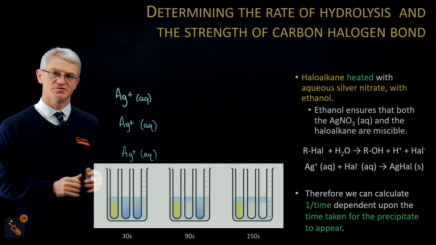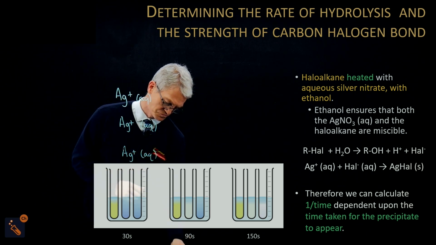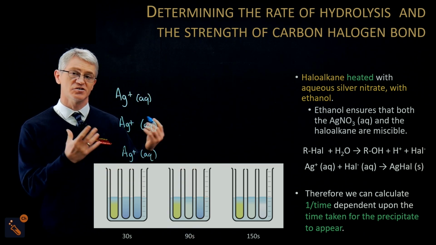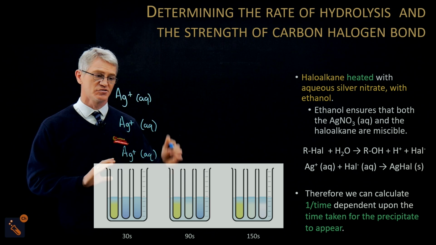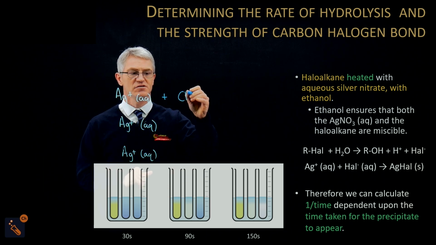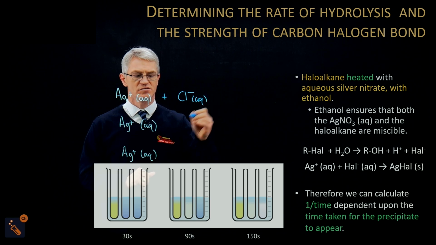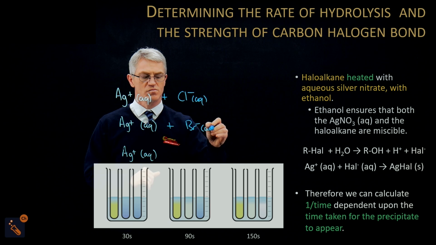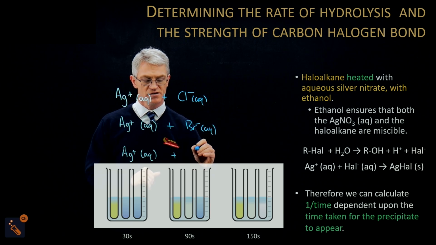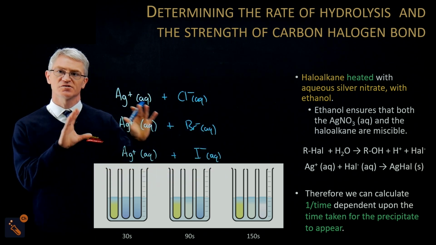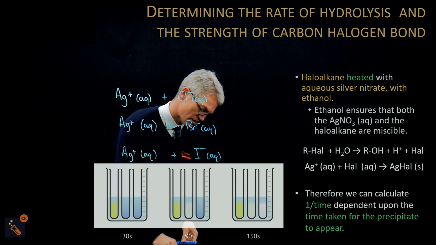So we've got 3 equations starting off with that. And then what we're going to do is add to those our different halogens. So we're going to start with chlorine minus aqueous, and then go to bromo minus aqueous, and then iodo. Okay, right, so we've got those 3 coming there.